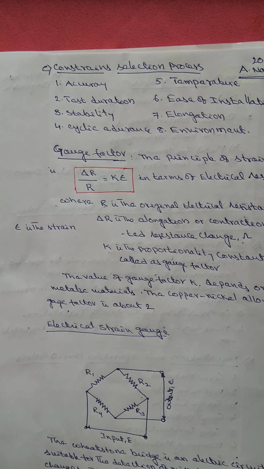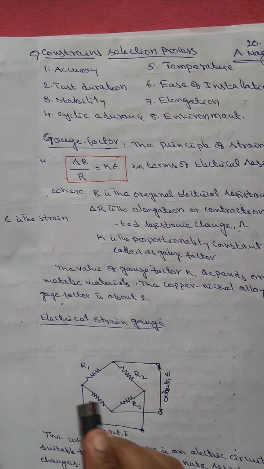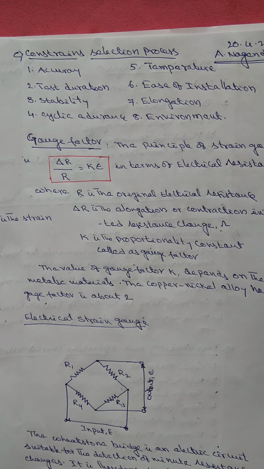The value of the gauge factor for copper and nickel alloys is about 2.